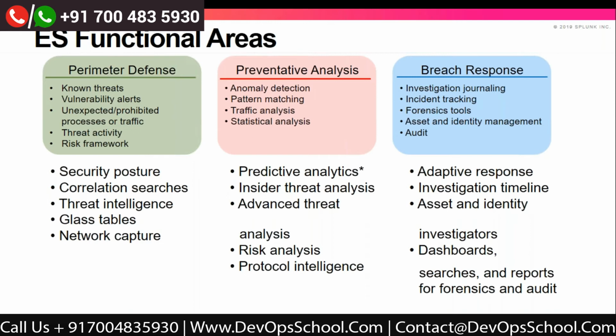We can also help with preventative analysis, like detecting any anomaly, matching patterns, or doing traffic analysis or statistical analysis with the stats command. So you can perform any mathematical function that you want on any data. Splunk can do that.